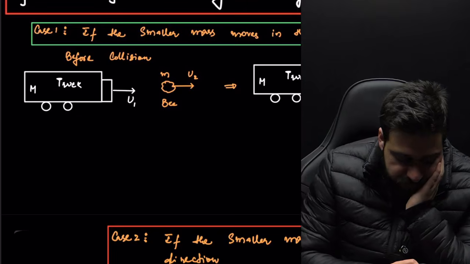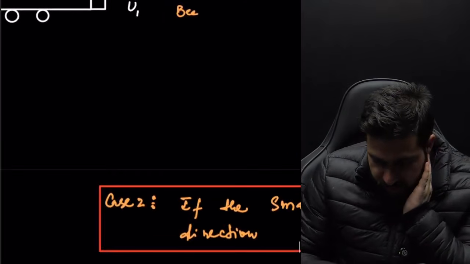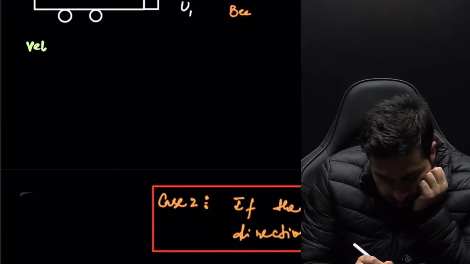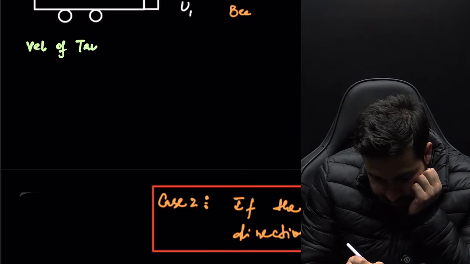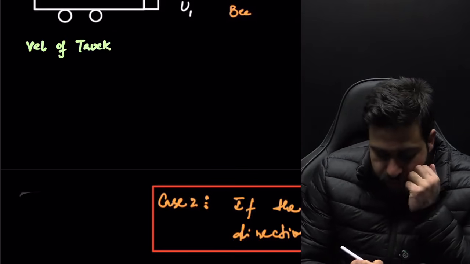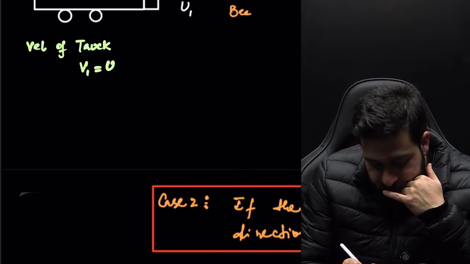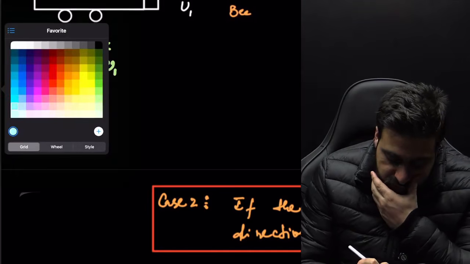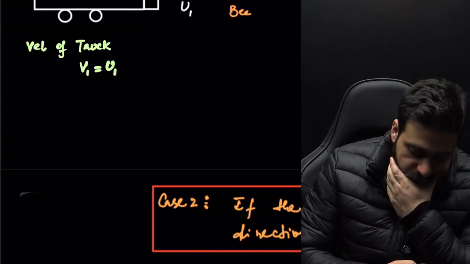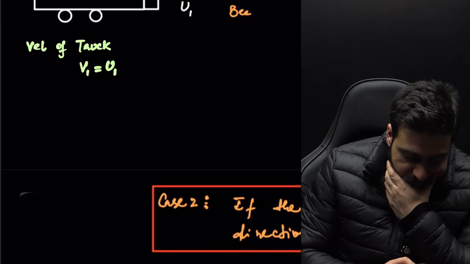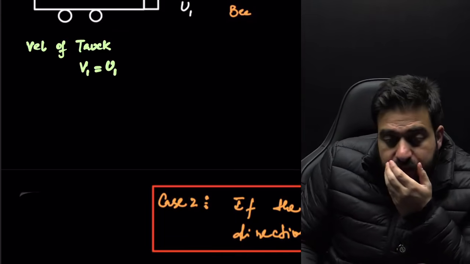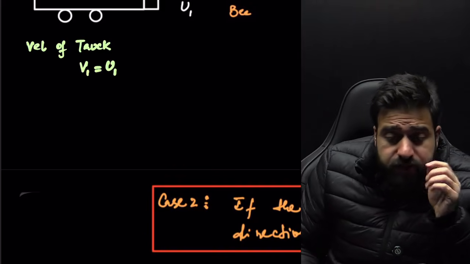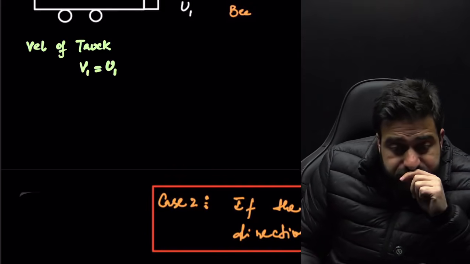The velocity of the truck is v1 equals u1, because nothing is going to happen to the velocity of the truck since its mass is extremely large.